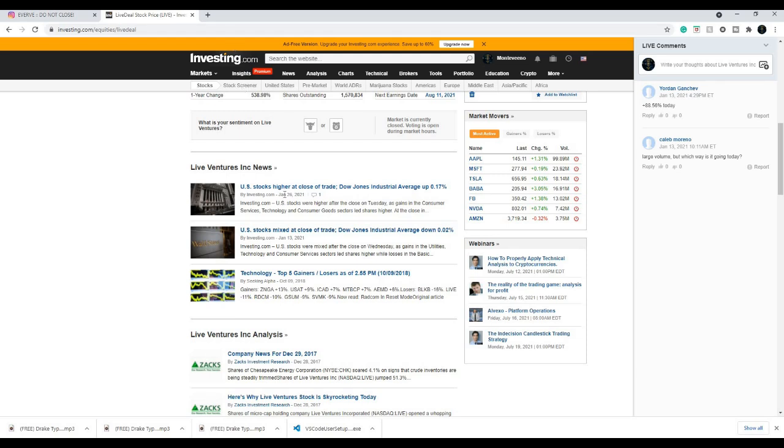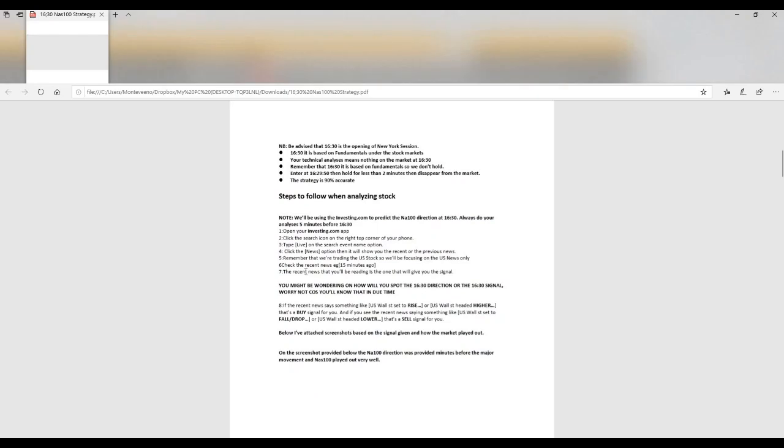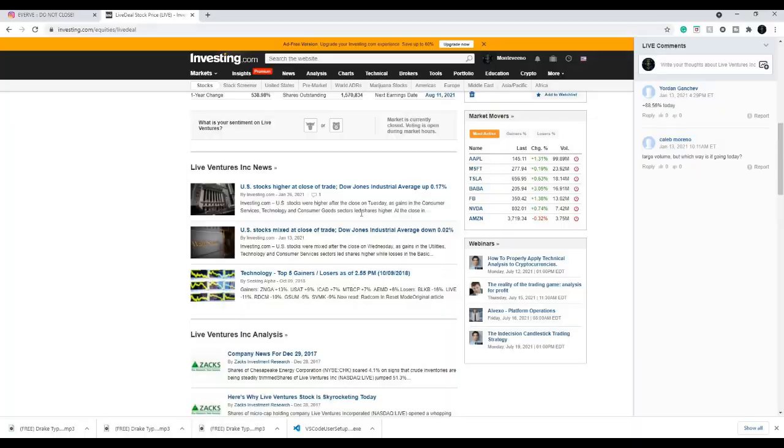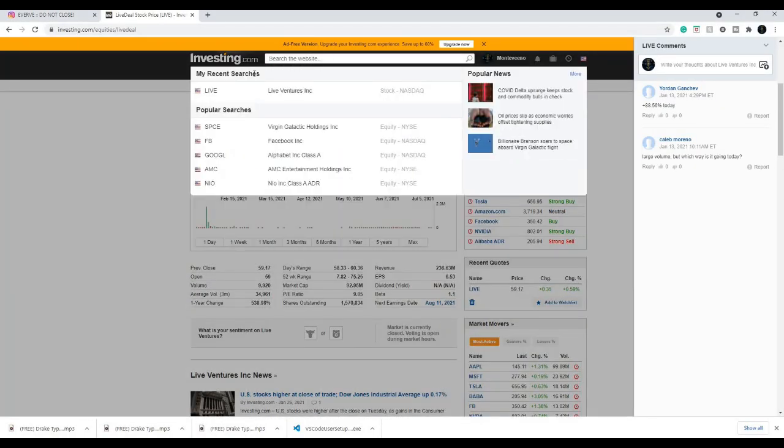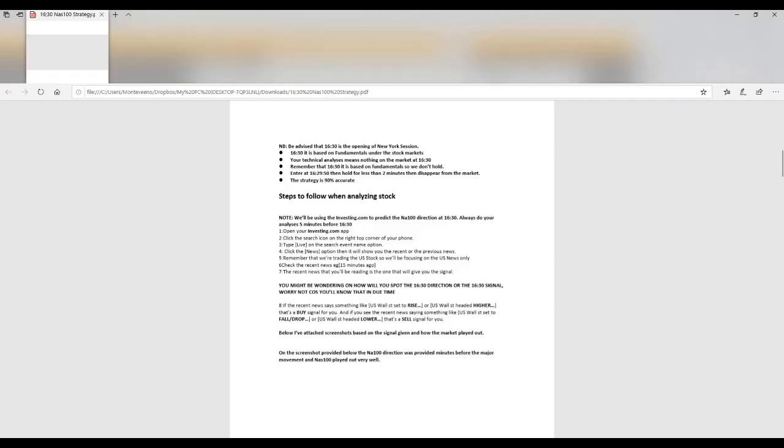Okay, so let's go back to the PDF, and now we're going to say open. We opened our investing.com. Click the search icon on the right top corner of your phone. On your cell phone, the search icon will be in the right hand corner. For us who are using a computer, it will be above in the middle. So that's where it's going to be. And then let's move on.